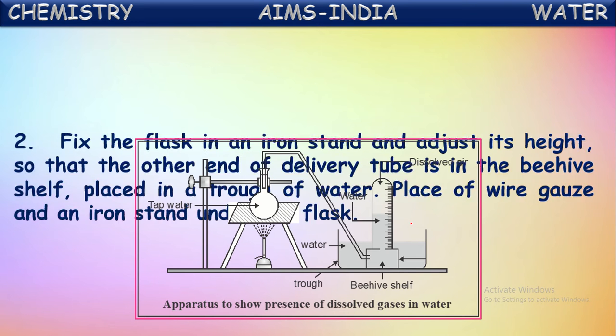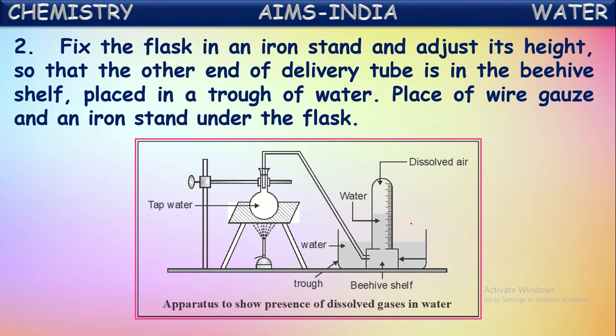Now, fix the flask in an iron stand, and you have to adjust its height so that the other end of the delivery tube is in the beehive shell.